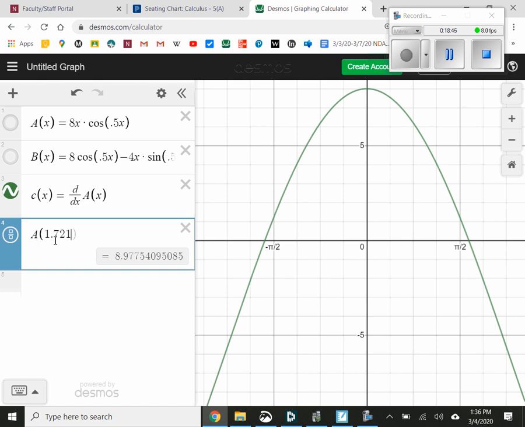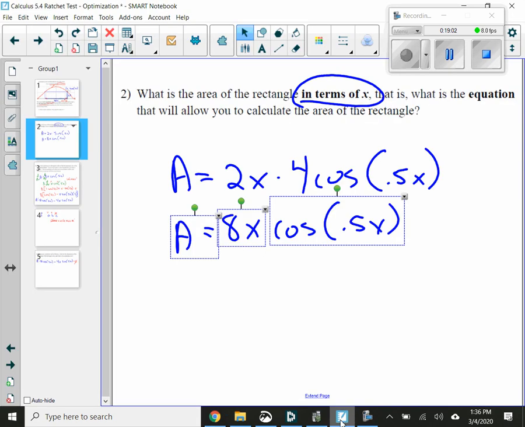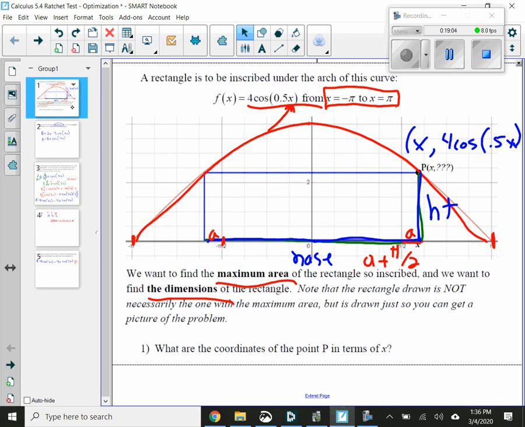Gives me the answer right there? Yes? So that would be my y value, 8.98.